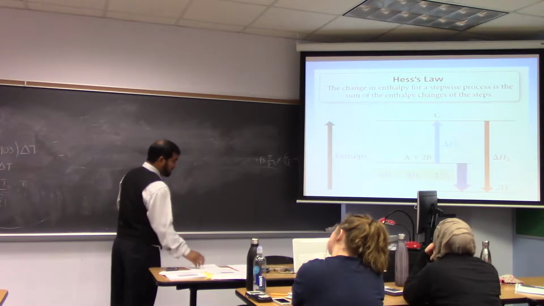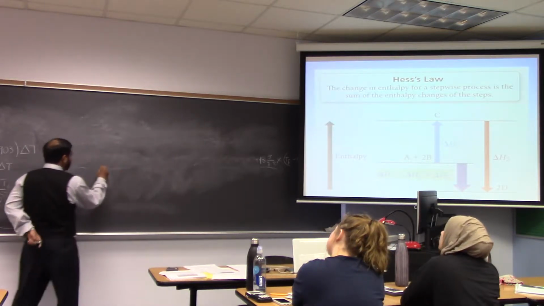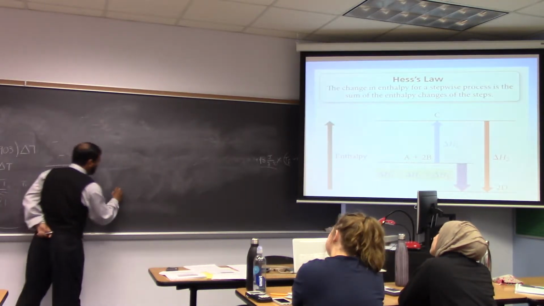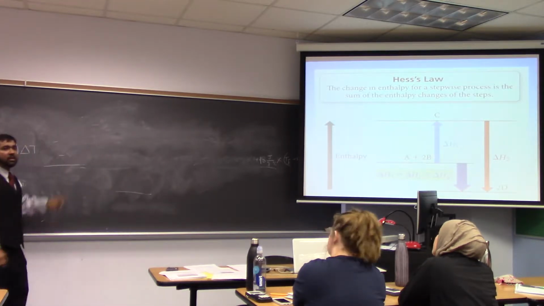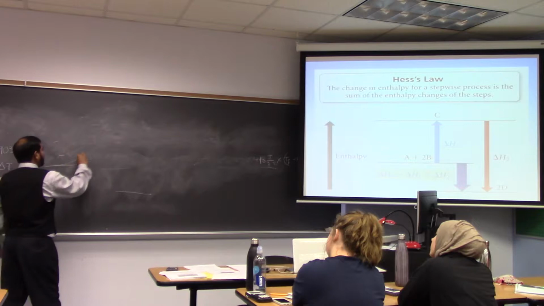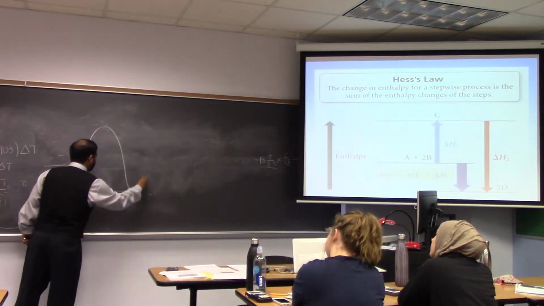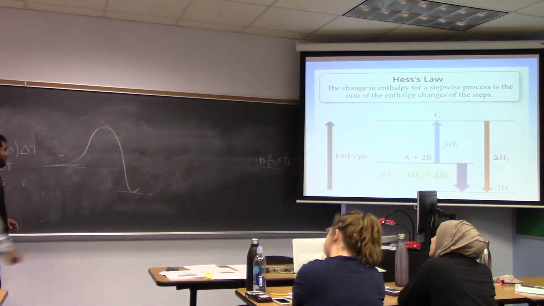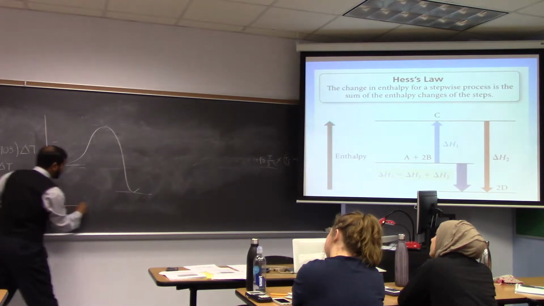So this is something like this: this is the reactant and this is the product. We are going to NASA, and of course we need to follow a certain route.